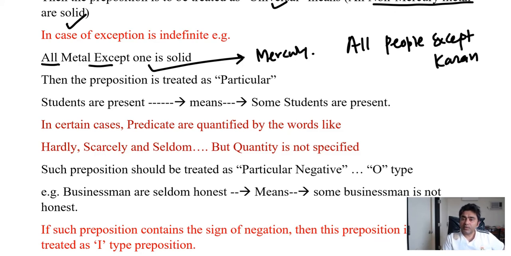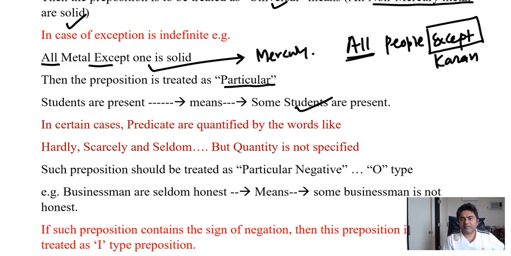In certain cases, predicates are quantified by words like hardly, scarcely, seldom, but quantity is not specified. Such propositions should be treated as particularly negative. For example, when you come across the words hardly, scarcely and seldom, do not get confused.